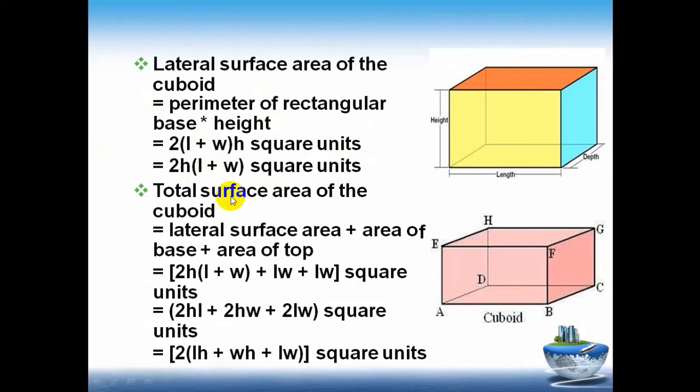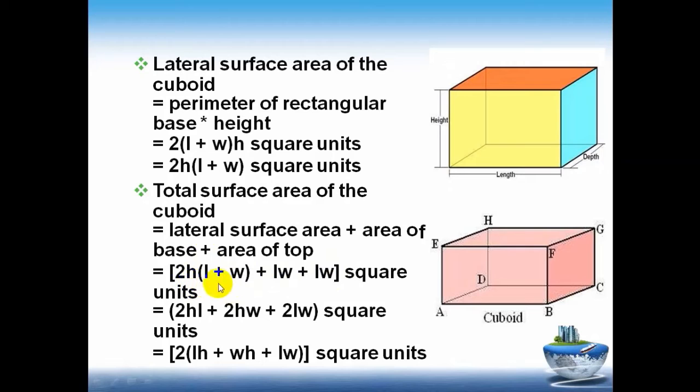Now the total surface area of the cuboid. Total surface area of the cuboid is equal to the lateral surface area plus the area of the base plus the area of the top. So this can be written as 2h(l + w) + lw + lw square units.